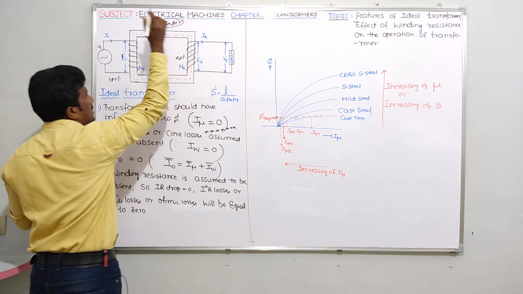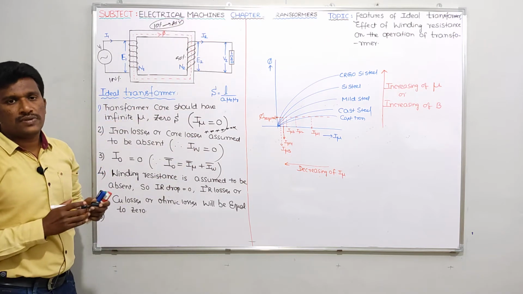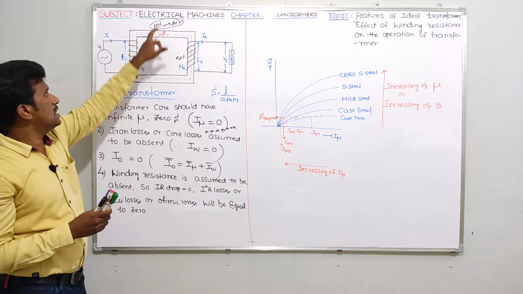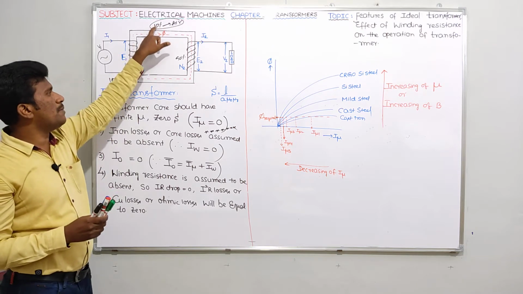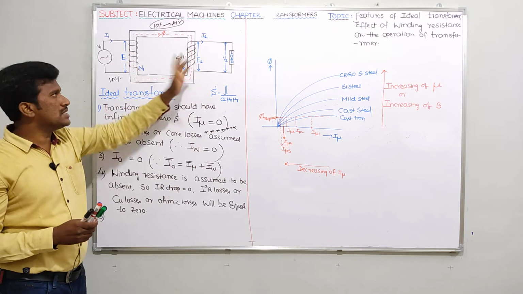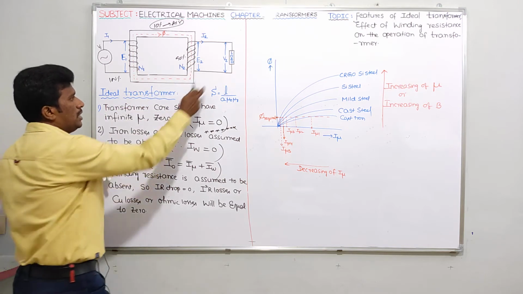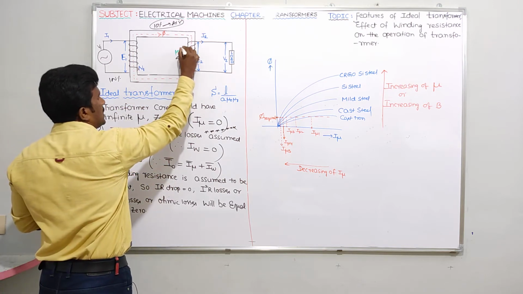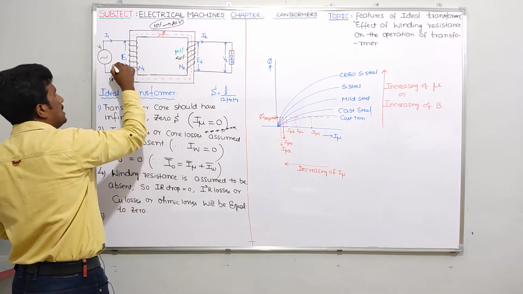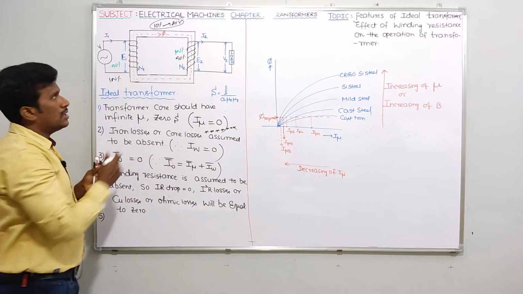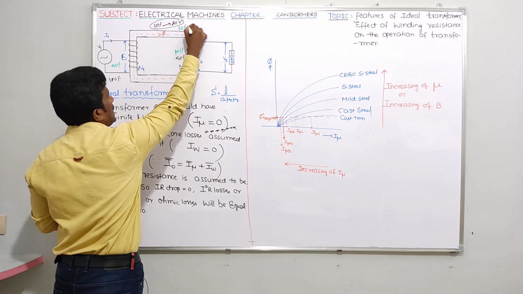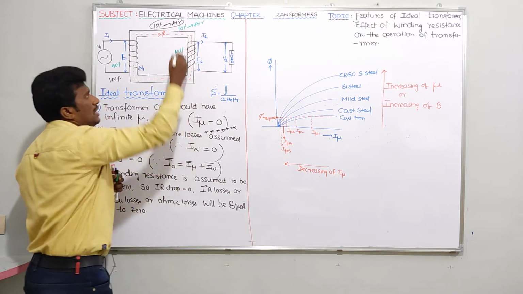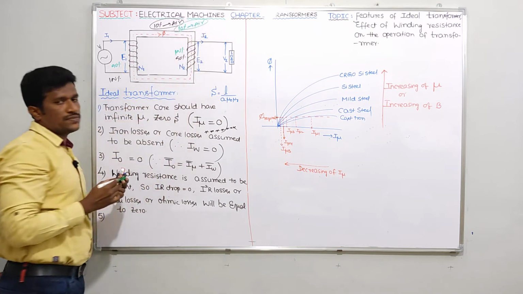Example: from here 100% flux started, 90% flux came, and the remaining 10% flux takes a path through air. This 10% flux is called leakage flux, because it links with only the primary winding. It won't come and link with the secondary winding. Or you can say the reverse also. Suppose 100% flux started from here, but only 90% reached here, and the remaining 10% takes a path through air. That 10% flux can also be called leakage flux.